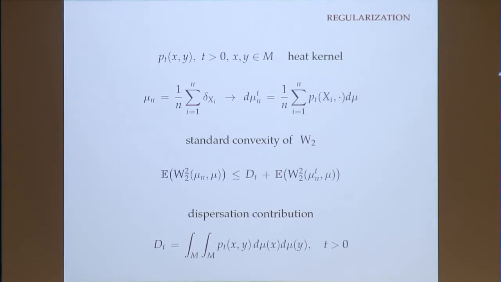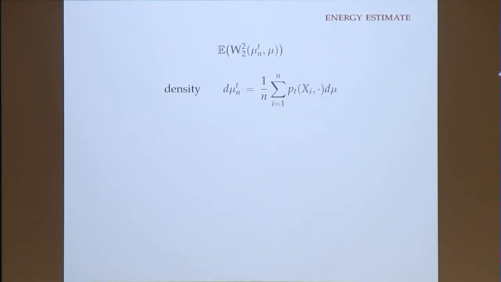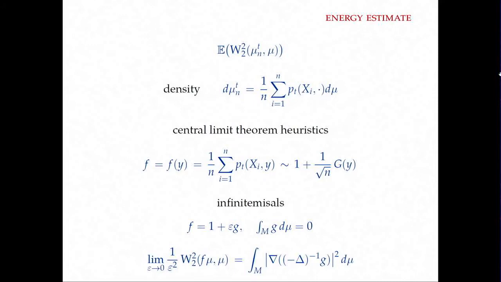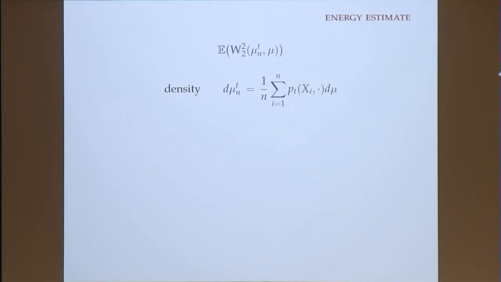So that's not very difficult. What is the advantage of this regularization procedure? Now you are dealing with a probability that has a density with respect to the underlying measure mu. Density given by the heat kernel, so it's a random density depending on the sample.